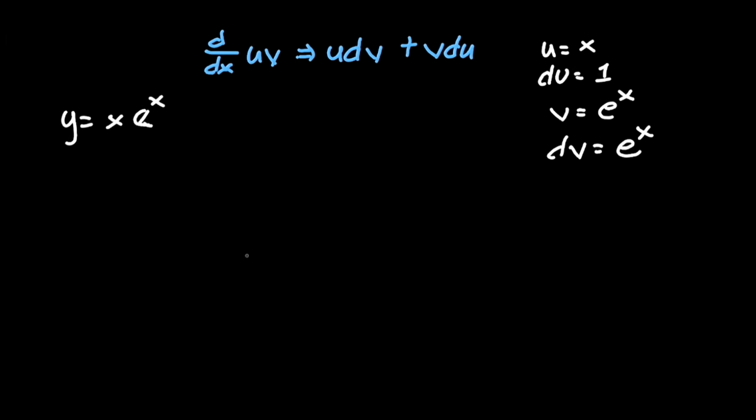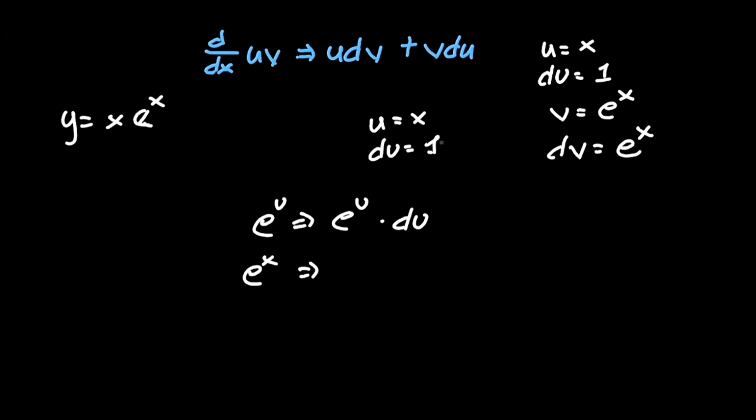The explanation for this is that the formula for the derivative of an exponential would be e to the u multiplied by du. So in this case, e raised to the power of x, u here would be x. So the derivative of x would be 1. So it's basically e raised to the power of x multiplied by 1.